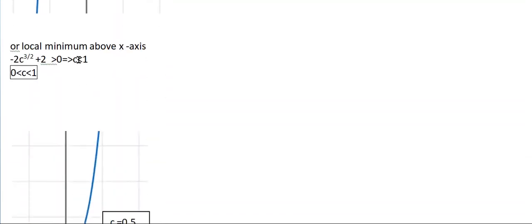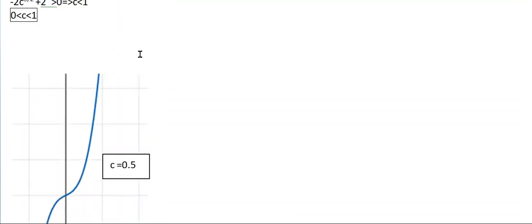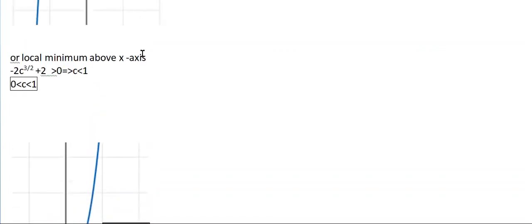Or the local minimum is above the x-axis. This happens, so with the values we calculated, if the local minimum is above the x-axis, c is between 0 and 1.